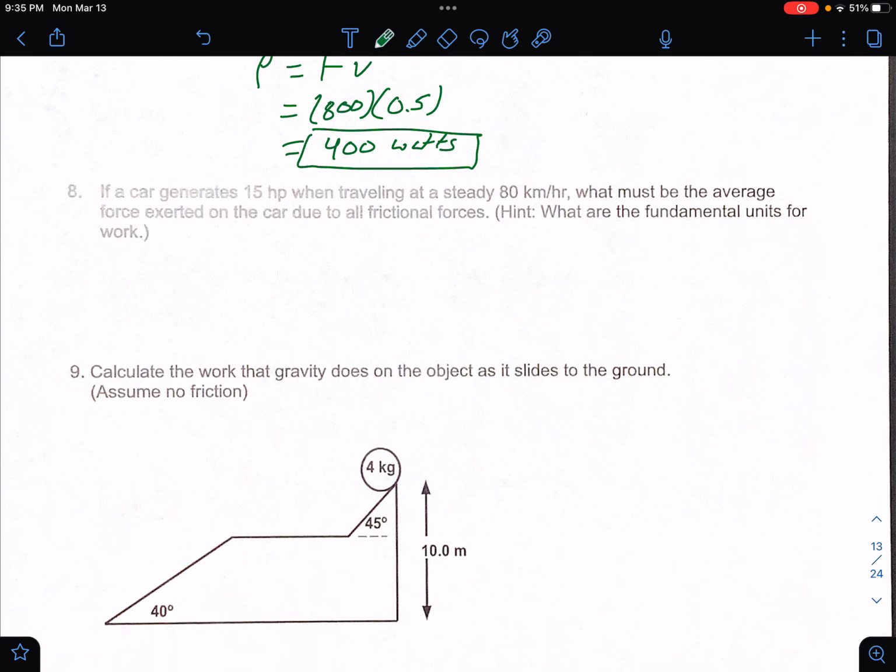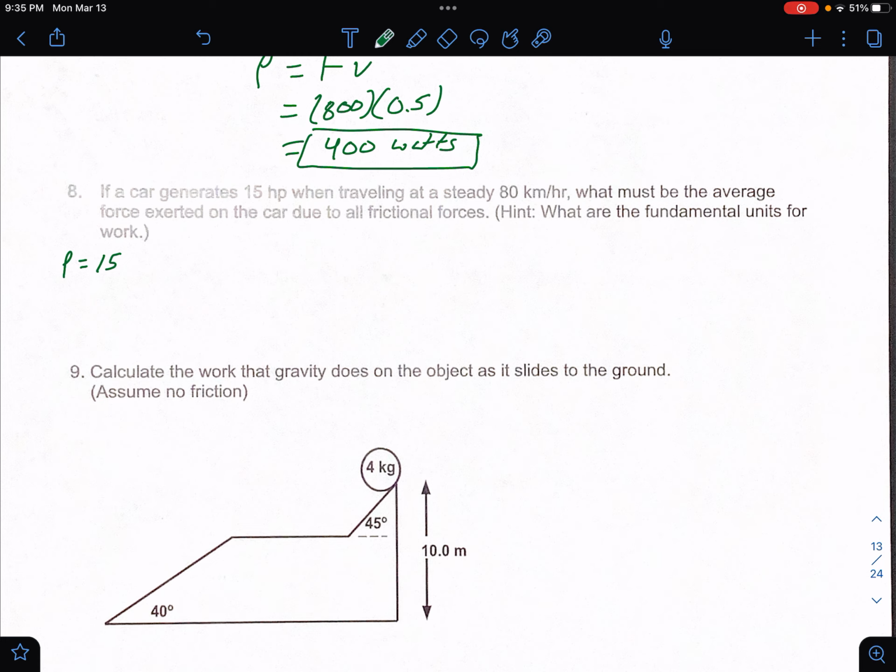Number 8, if a car generates 15 horsepower when traveling at a steady 80 kilometers per hour, what must be the average force exerted on the car due to all frictional forces? So again, I've got power, but I gave it to you in horsepower, so that does me no good.